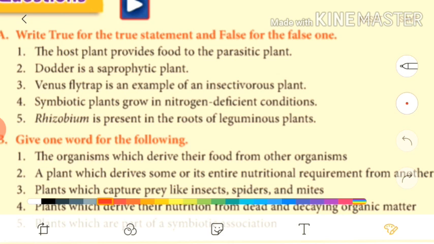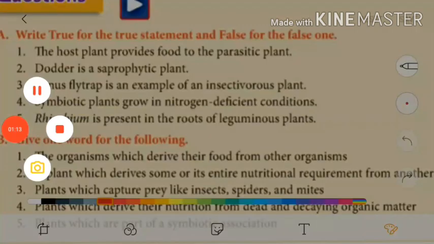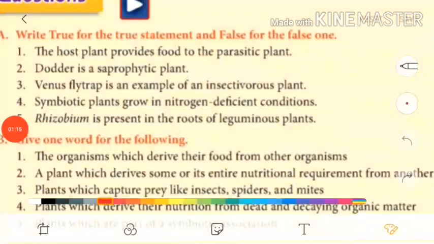Third one, Venus flytrap is an example of an insectivorous plant, so this is true.